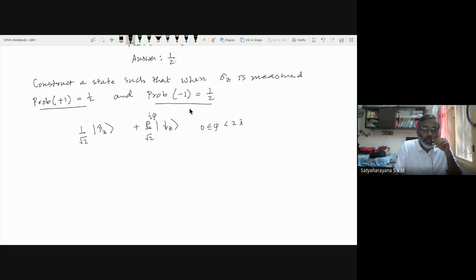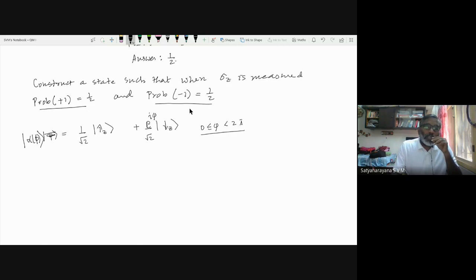For any phi, if I construct a state like this, it will satisfy the requirement, correct? Let me call this state alpha of phi, since I have phi as a symbol here.